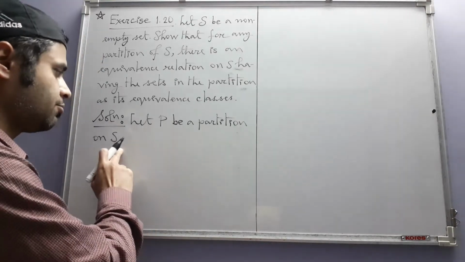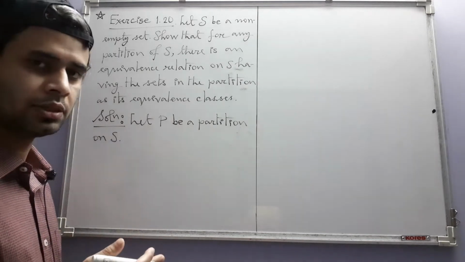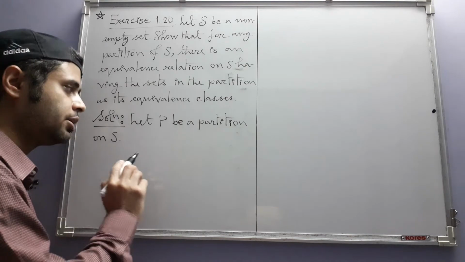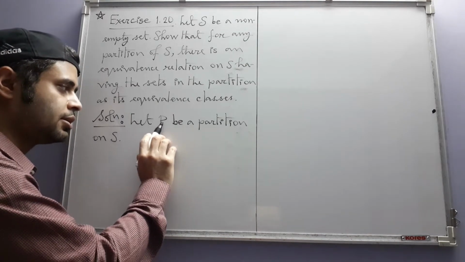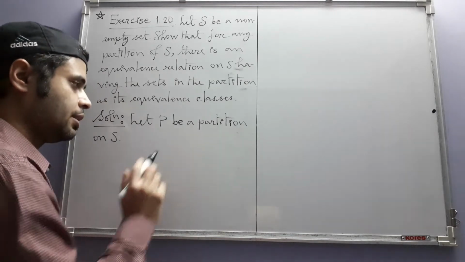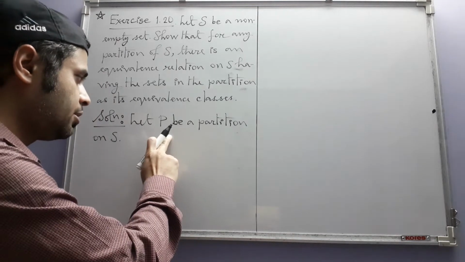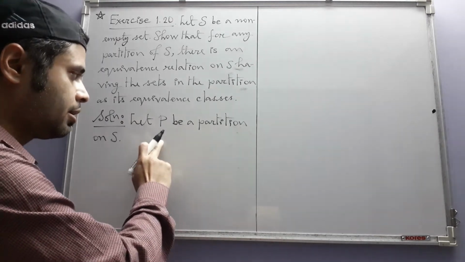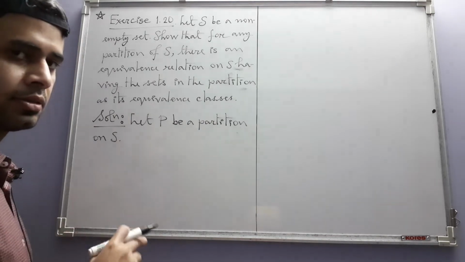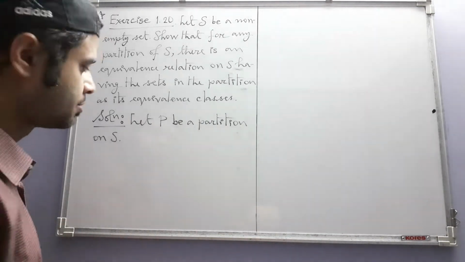Each subset of S that is an element of P is non-empty. And if we take two distinct elements in P, then they must be disjoint. And the other thing is that if we take the union of all the elements of P, then we get the entire set S.